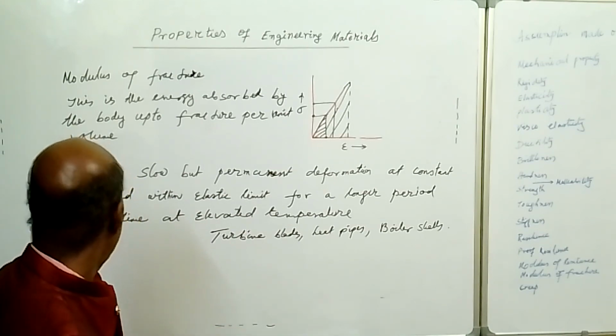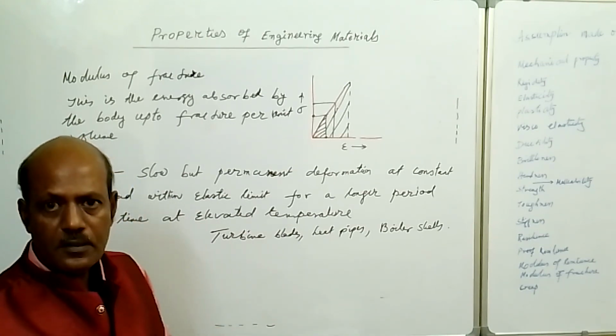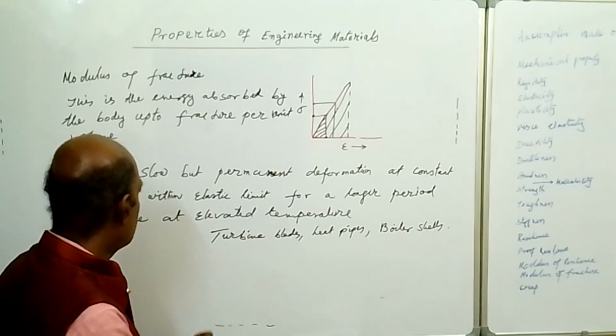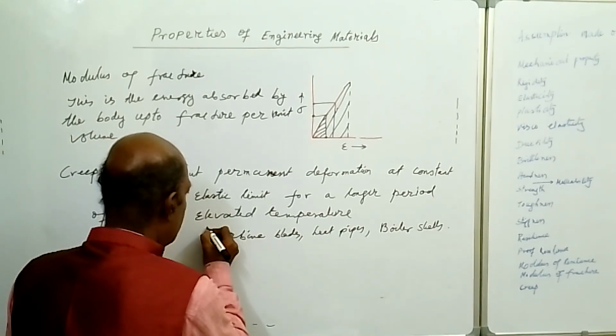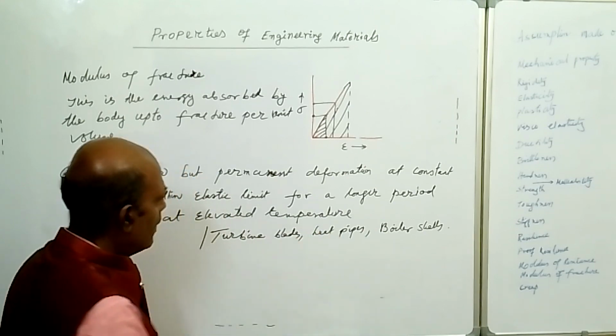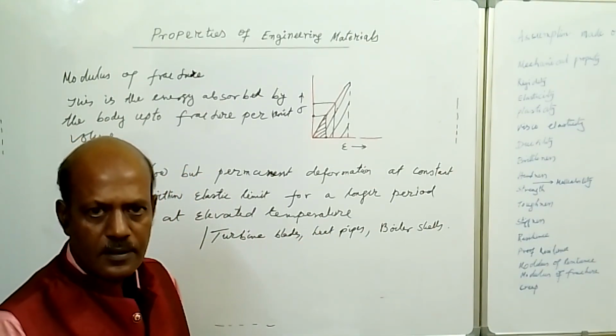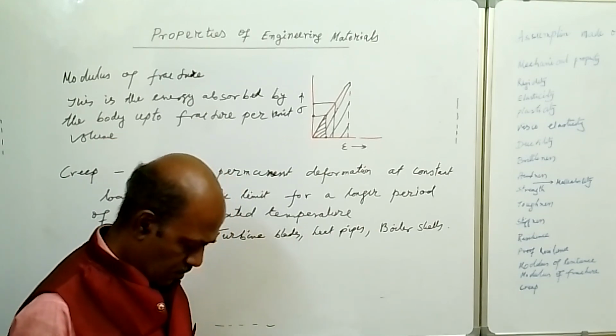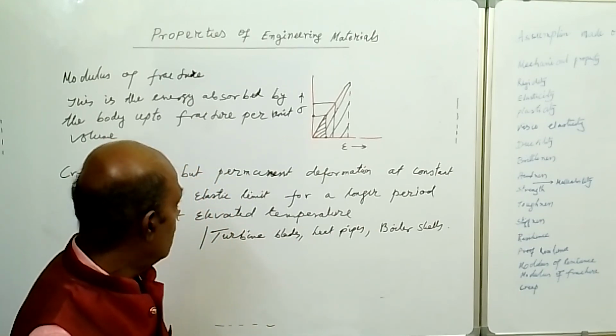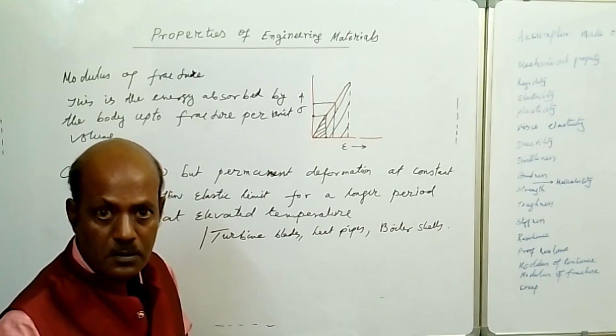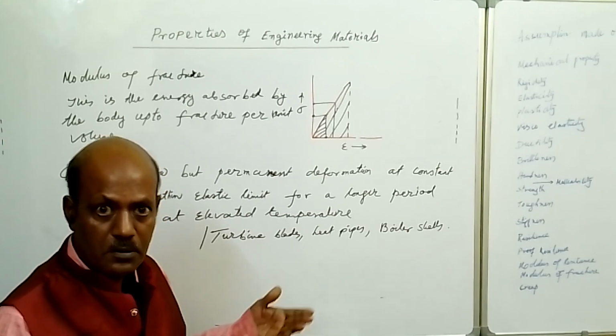This property is called creep, and this deformation is found in turbine blades, heat pipes, boiler shells, etc. Okay friends, so this is all about this video.